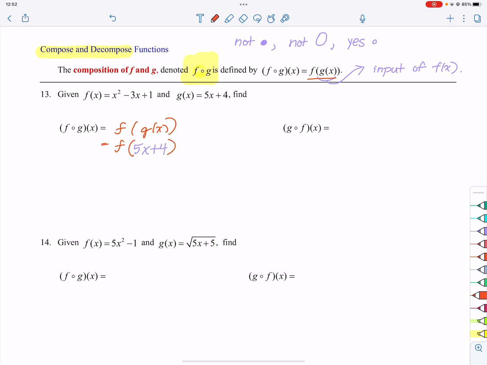So what do you notice? 5x plus 4 is going into the function f. Everywhere there is an x, we are going to put 5x plus 4. So we have 5x plus 4 all squared minus 3 times 5x plus 4 plus 1.